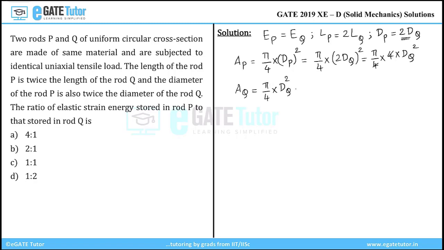The strain energy stored in the rod, which is acted upon by an axial load F, is generally written as U is equal to F square L by 2AE.